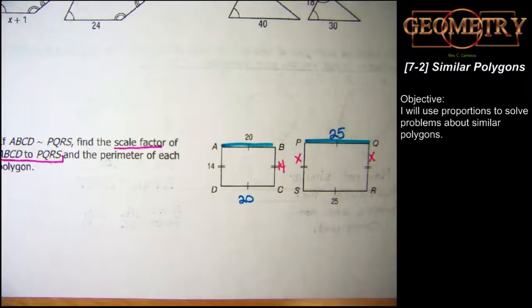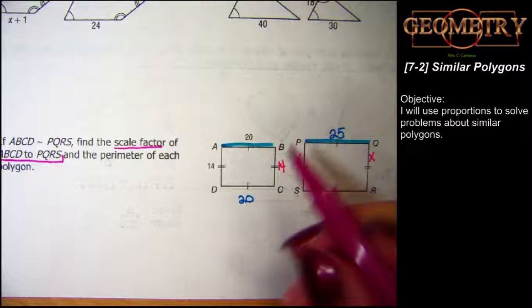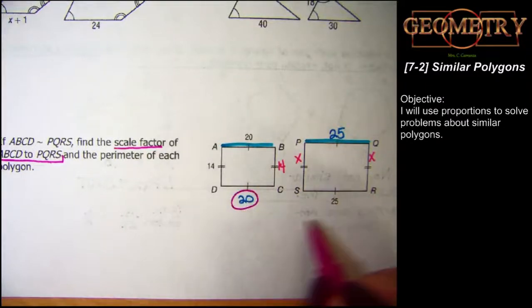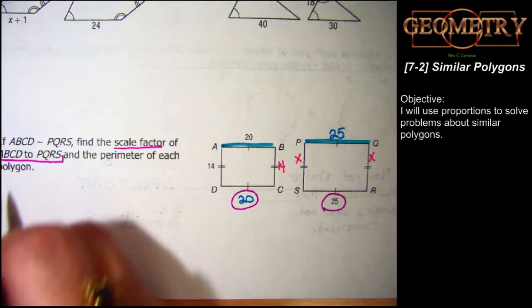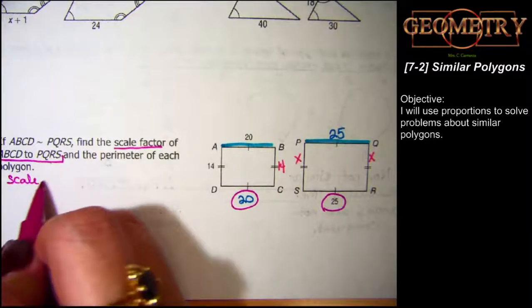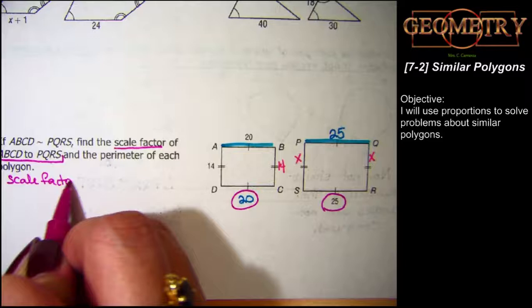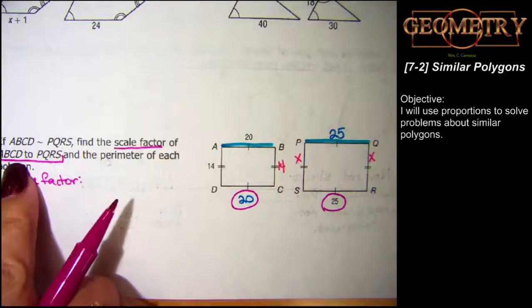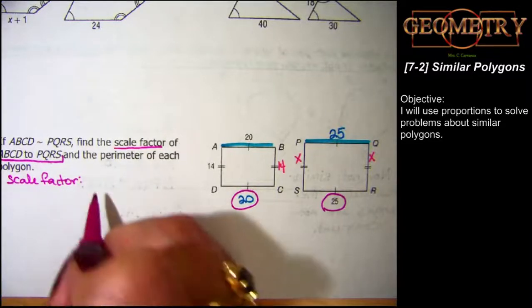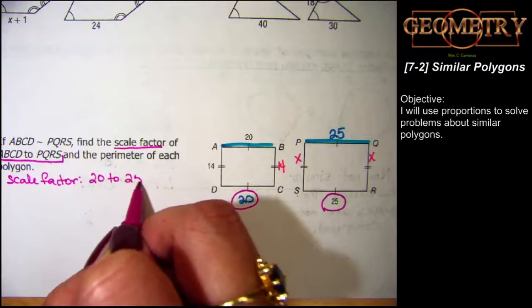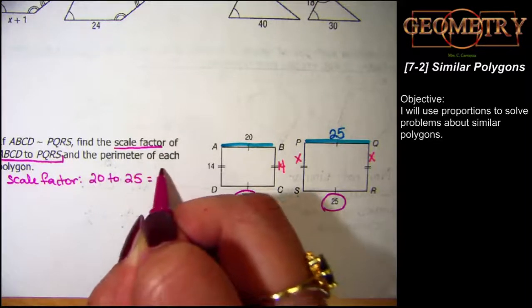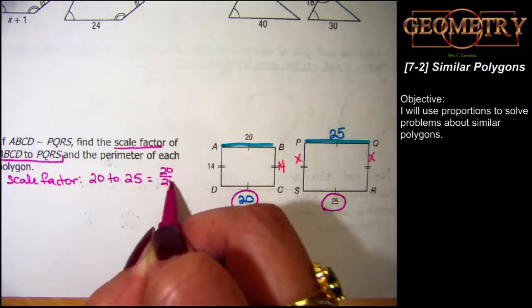Now I can do some sort of scale factor thing. Scale factor is a ratio between 2 sides. And I have to put it in the order that they gave it to me. They gave it to me as ABCD to PQRS. So ABCD to PQRS. Writing that as a fraction, 20 over 25.